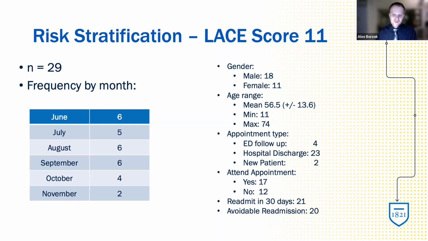So 20 of the 21 patients that were readmitted could have been avoided had they been adequately stratified and identified prior.